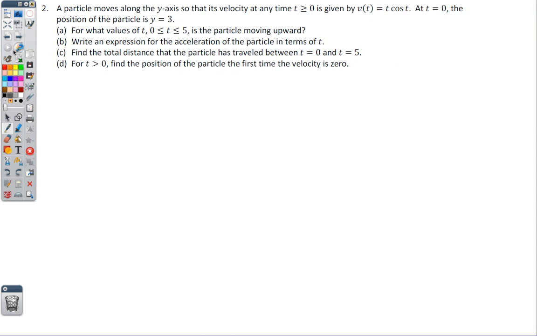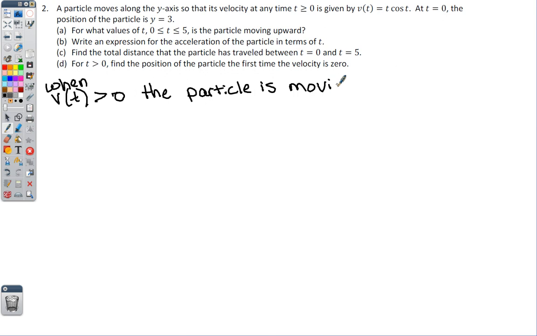So recall that whenever v of t is greater than 0, the particle is moving upward. And you must say that so that they understand that you understand the calculus behind it. So when v of t is greater than 0, the particle is moving upward. Okay? So when is v of t greater than 0?